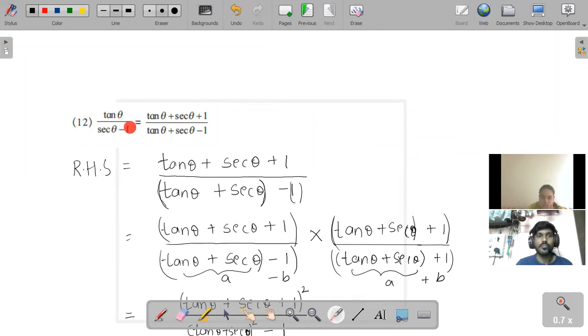Yes, we can do that, but I think it would become much lengthier. But I don't know how we would get LHS or RHS from that. We can try, we'll do that later.